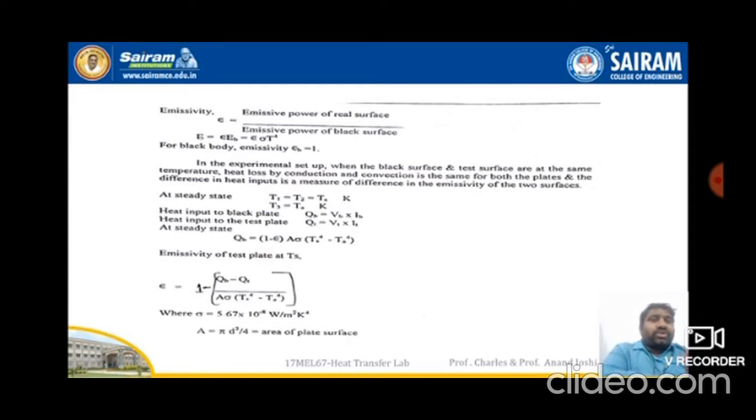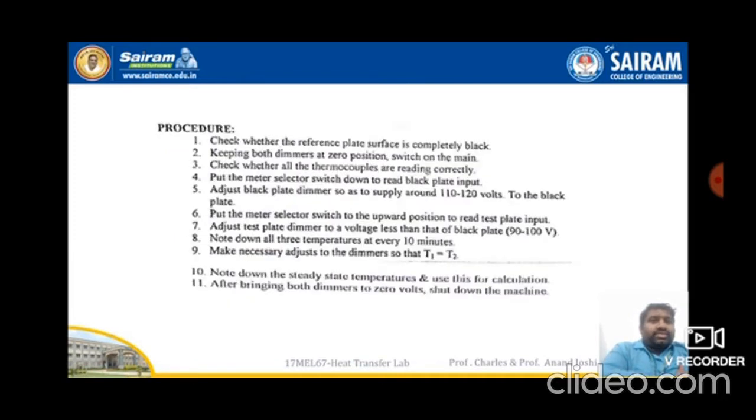So finally, epsilon is equal to 1 minus (QB minus QS) divided by A sigma (Ts to the power of 4 minus Ta to the power of 4), where sigma is 5.67 times 10 to the power of minus 8 watt per meter square Kelvin to the power of 4, and A is pi d square by 4, the area of the plate surface. This is how you get the values and solve the equations. This is the calculation part.